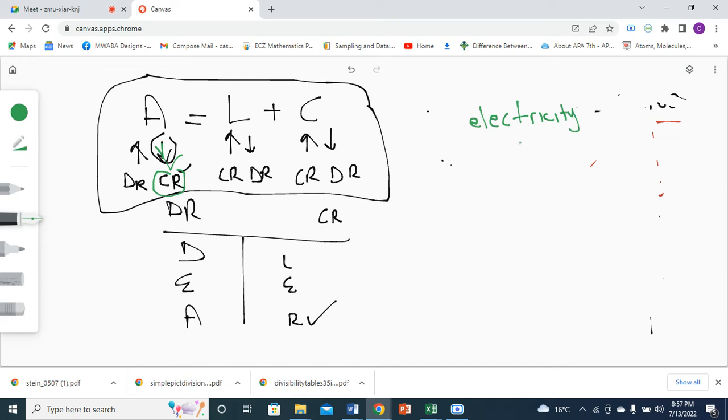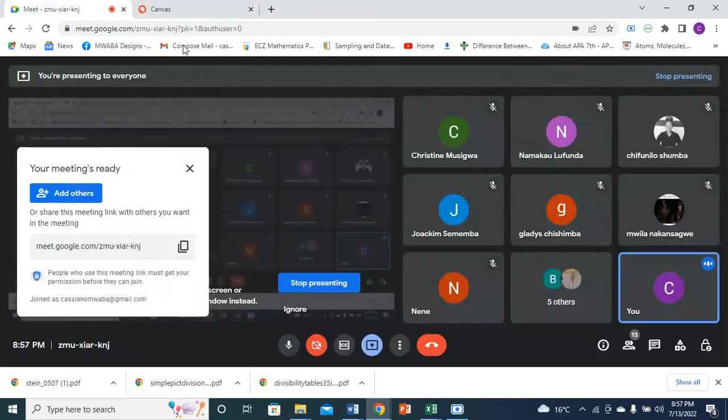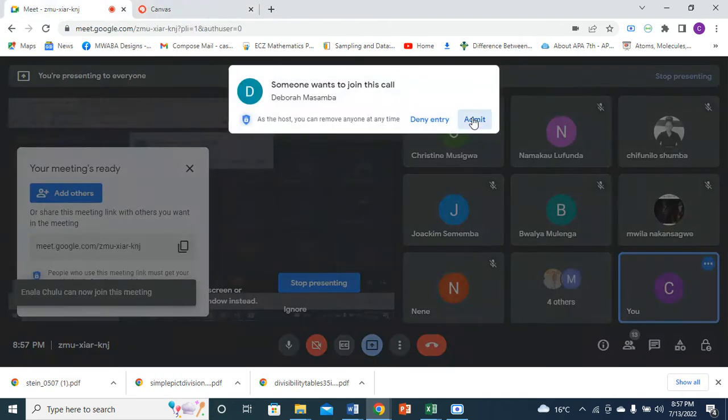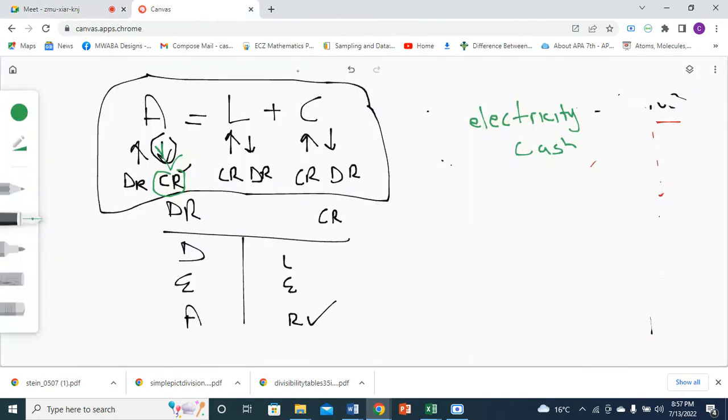So here the entries have been overcast. Instead of 8,000, they've put 18,000. So we debit electricity 18,000 and we credit cash 18,000.